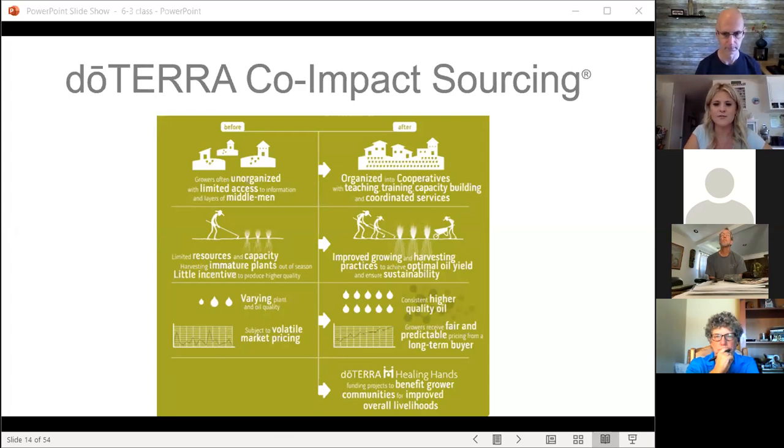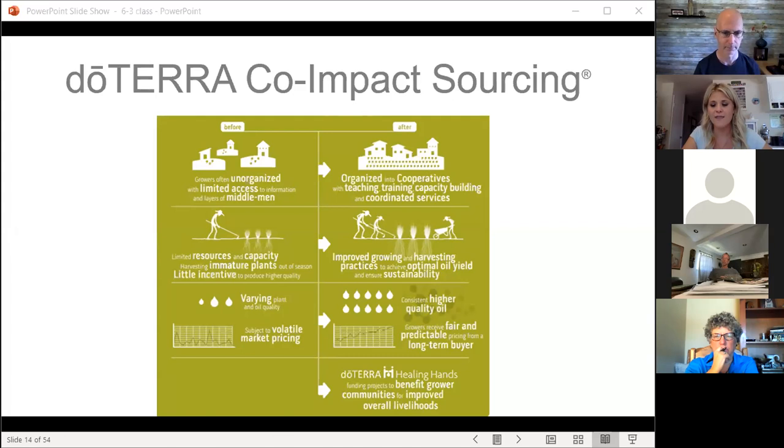Many of the growers in doTERRA's botanical network live in developing countries and need that fair and consistent compensation to support their families and also to support these small businesses that they're running. In addition to providing the growers and distillers with fair and on-time payment, that was another big thing that was happening. The growers weren't getting payments on time, sometimes for months, when they were promised, "Hey, I'm going to pay you tomorrow," and they weren't getting paid.